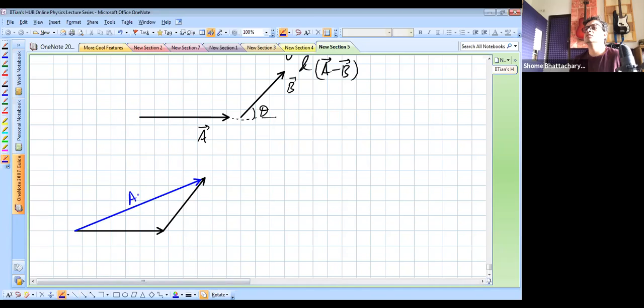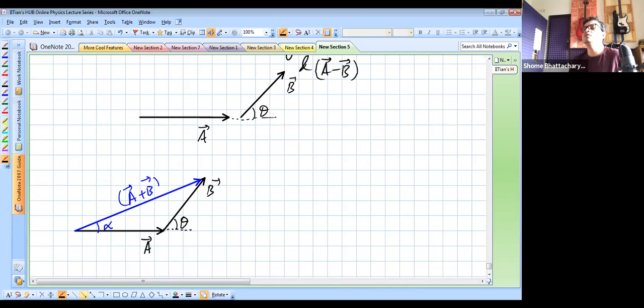So this is the resultant sum of A and B. This angle we generally call alpha. Here this exterior angle is theta.